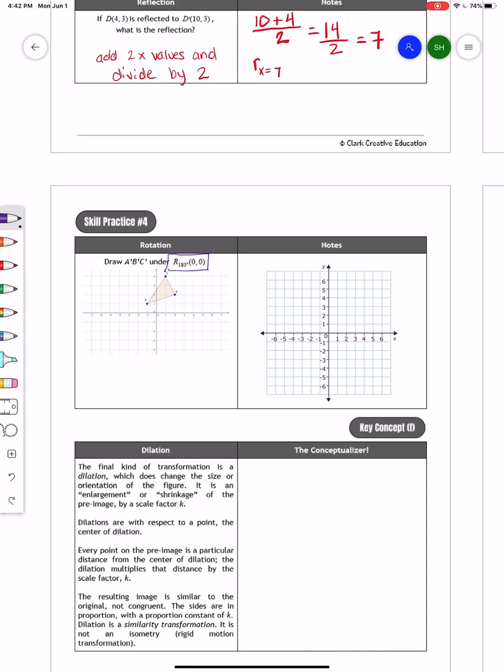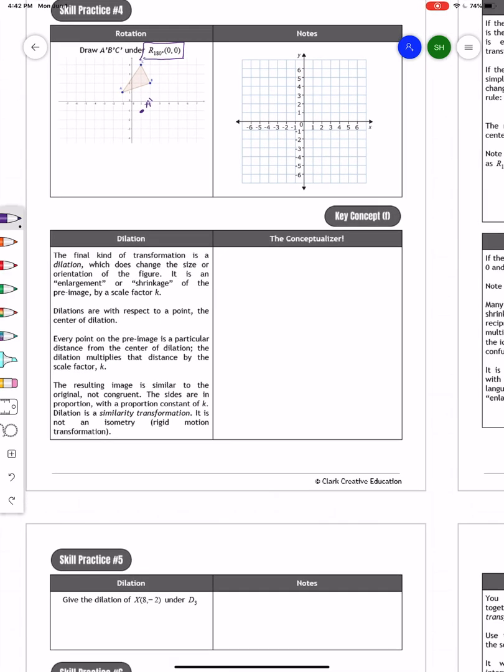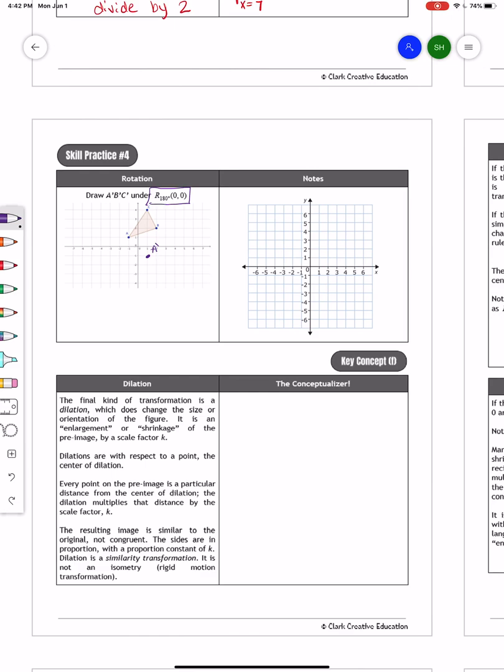So if we have -1, 1, we're now going to have +1, -1. If we have 2, 3, we're going to have -2, -3.